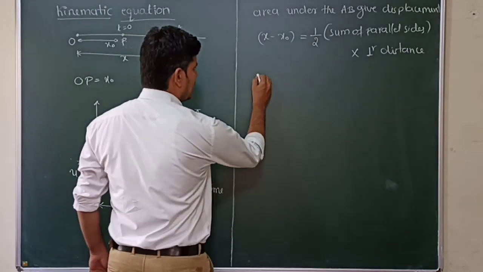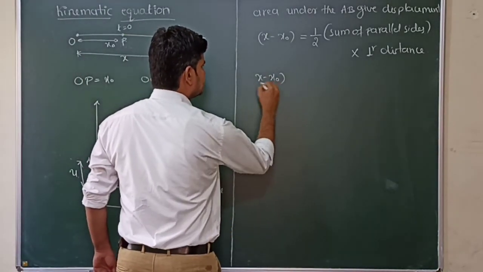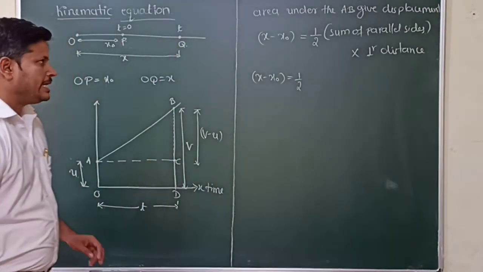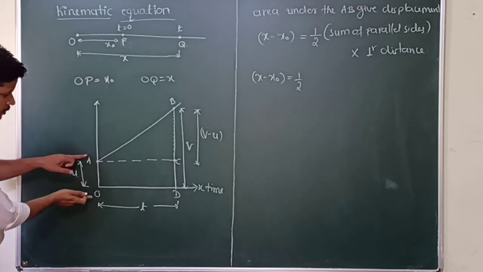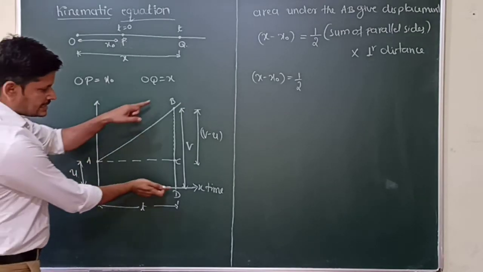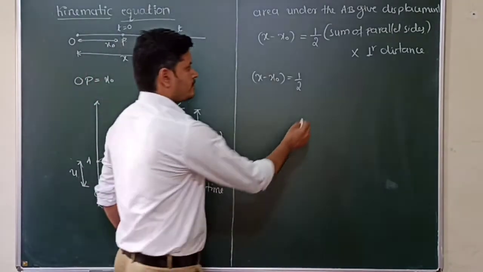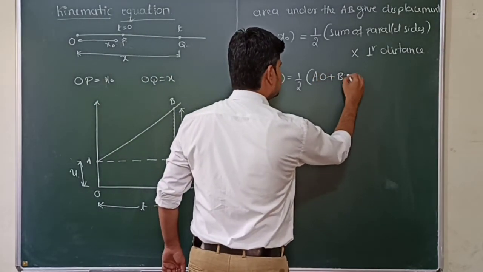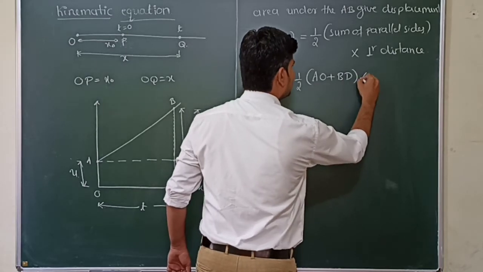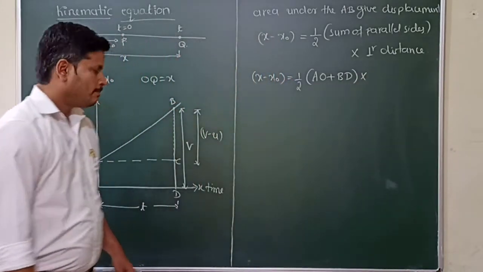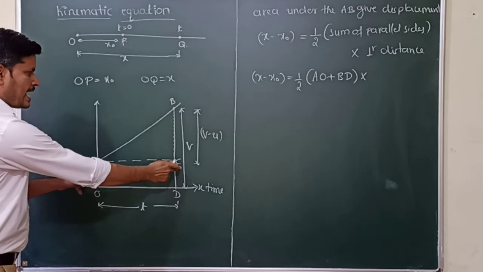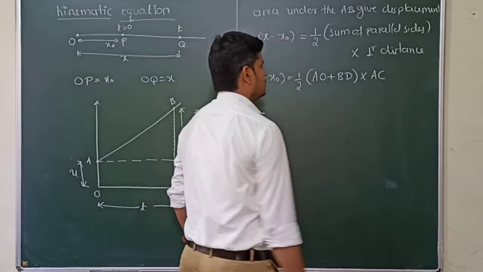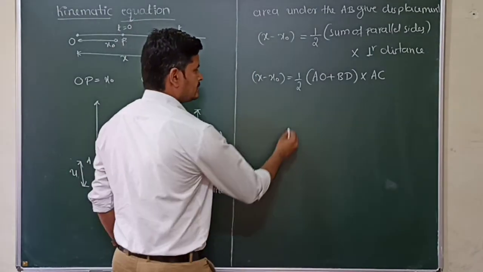Now here, x minus x naught is equal to 1 divided by 2 into the sum of the sides, that is AO plus BD, into the perpendicular distance, which is AC, correct?